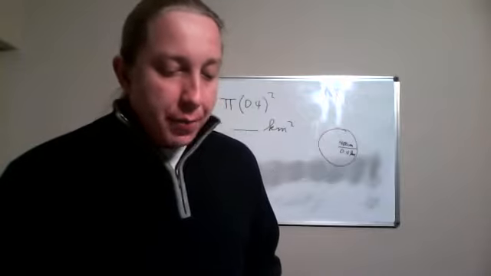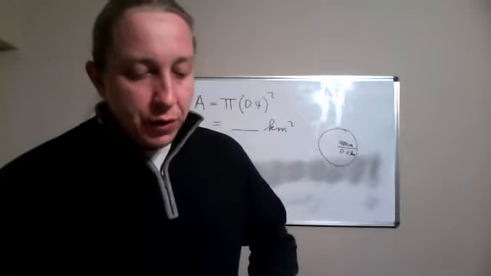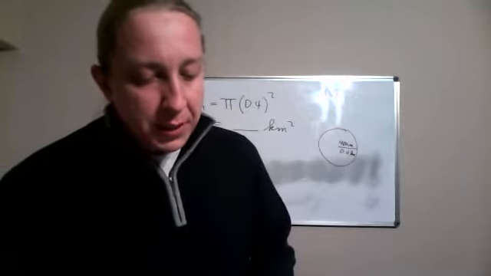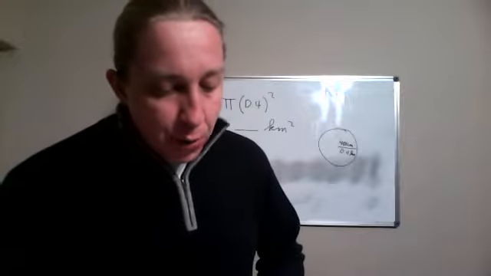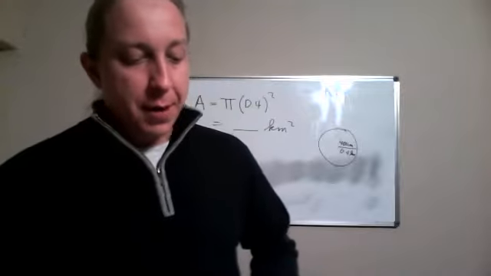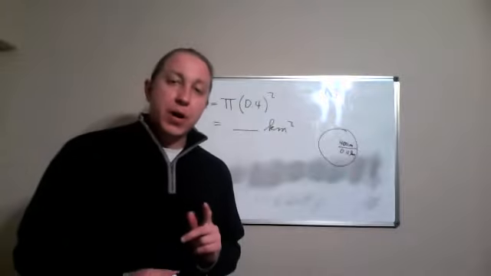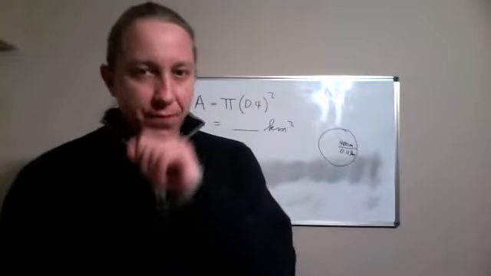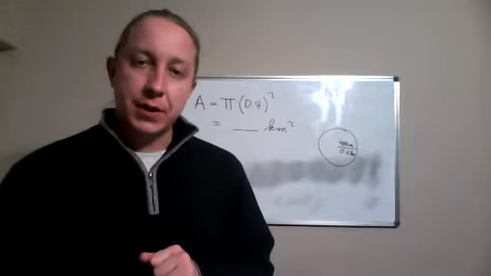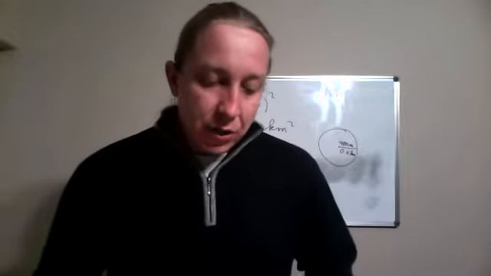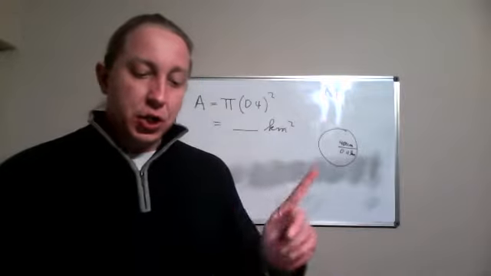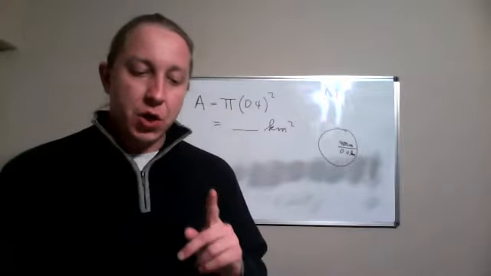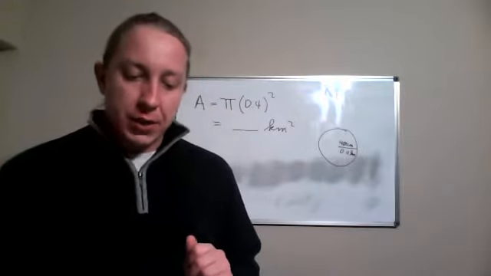Right, let's continue. Number 2, the fence around the circular field is 1.8 kilometers long. What is the area of the field? Okay, so guys, here they're really trying to trick you, because they know that you know what circumference is and how to work circumference. They're saying to us that the circular field has a circumference of 1.8 kilometers.